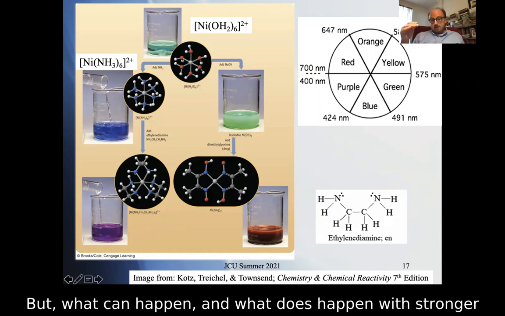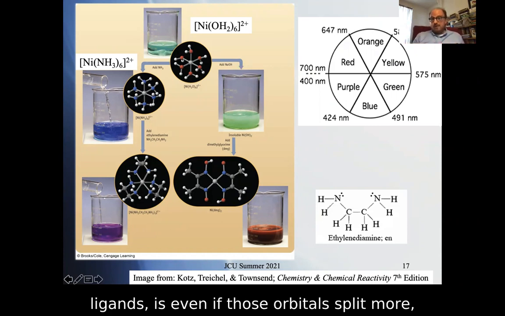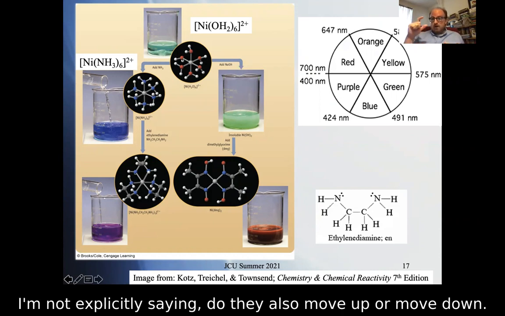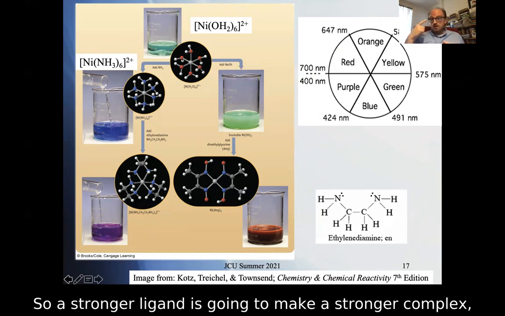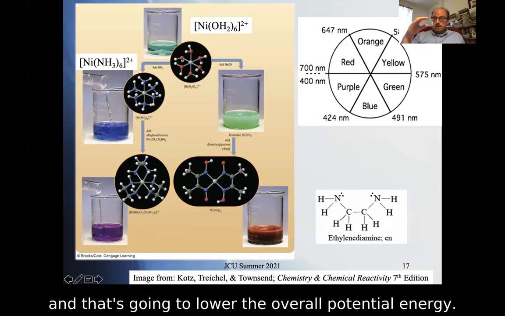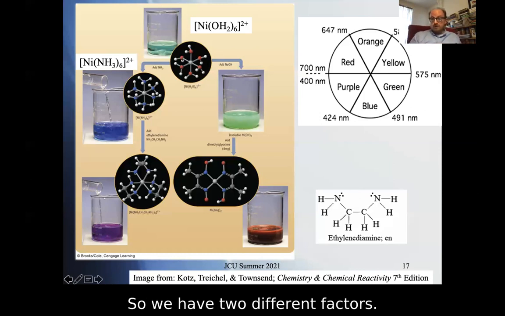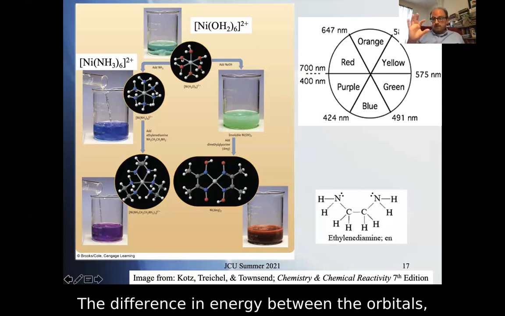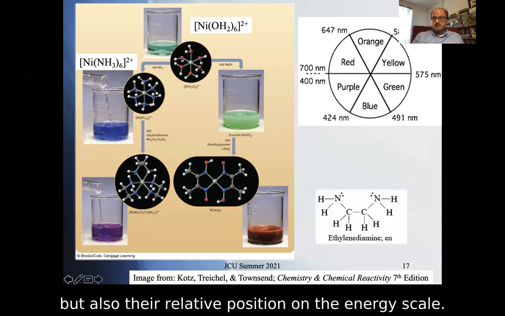But what can happen, and what does happen with stronger ligands, is even if those orbitals split more, I'm not explicitly saying, do they also move up or move down, right? So a stronger ligand is going to make a stronger complex, and that's going to lower the overall potential energy, right? So we have two different factors: the difference in energy between the orbitals, but also their relative position on the energy scale.